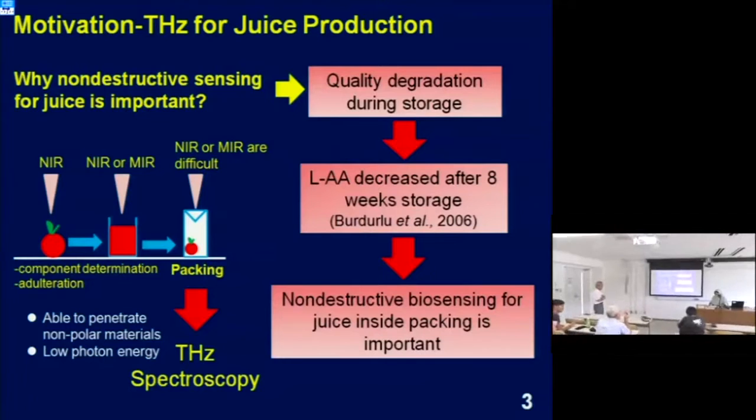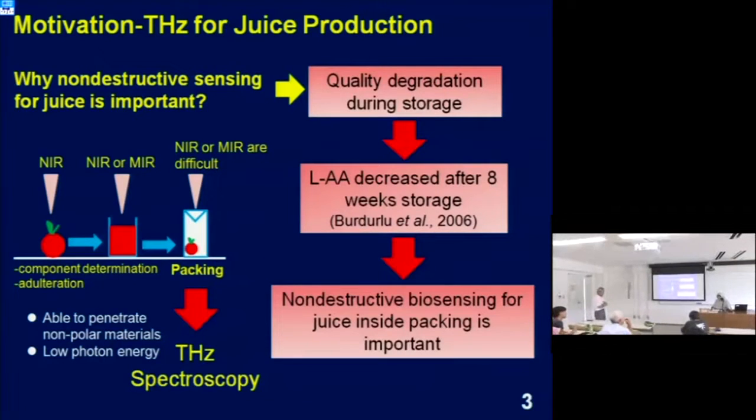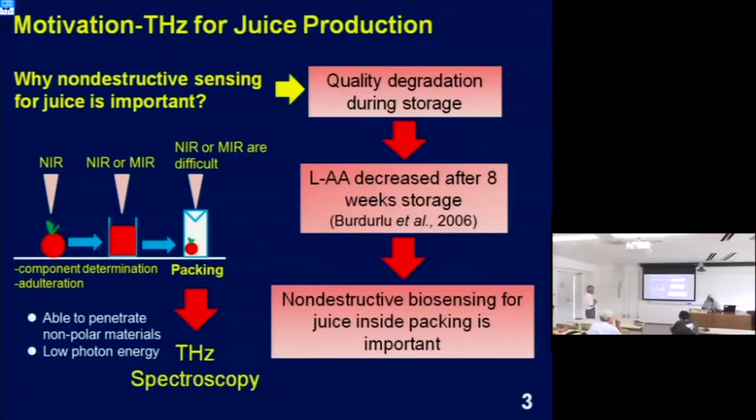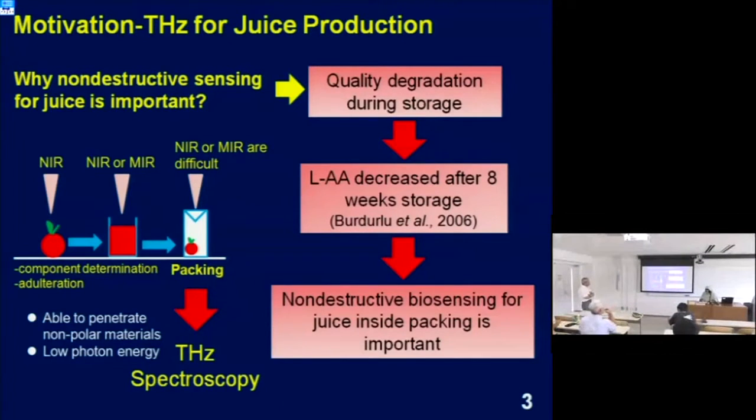The most important point at which ascorbic acid concentration is needed is when the consumer makes it. Even if you have a high ascorbic acid in the factory, if when the consumer is drinking that juice it has low ascorbic acid, then that high concentration has no meaning.